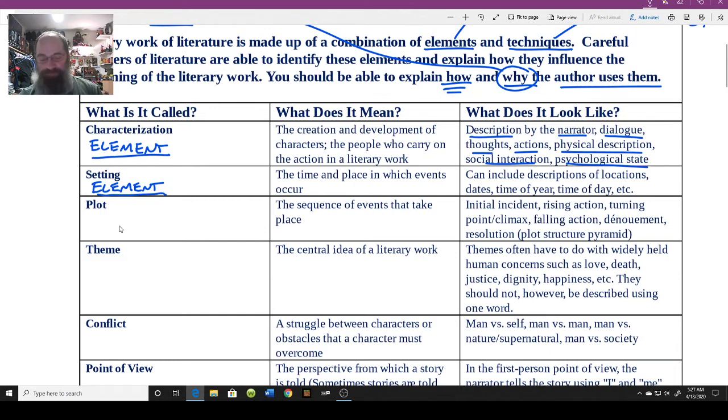That interaction between Elizabeth Bennet and her nemesis, an old lady played by Dame Judi Dench. That interaction took place in a garden. It took place in a private setting. Setting matters.